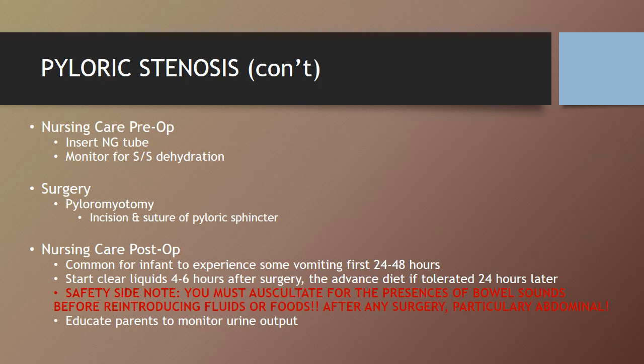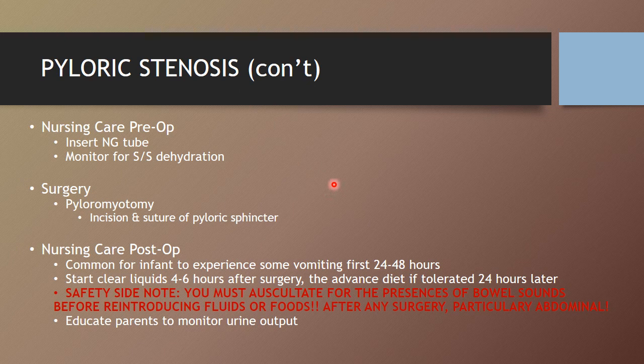Nursing care pre-op, we're going to insert an NG tube. You're going to see this is very common in all the surgeries for a GI patient because it's either for decompression or feeding. It's always safe to have one of those in place just in case. Monitor for signs and symptoms of dehydration, specifically because they cannot take in any fluids orally and they're throwing up all the time.